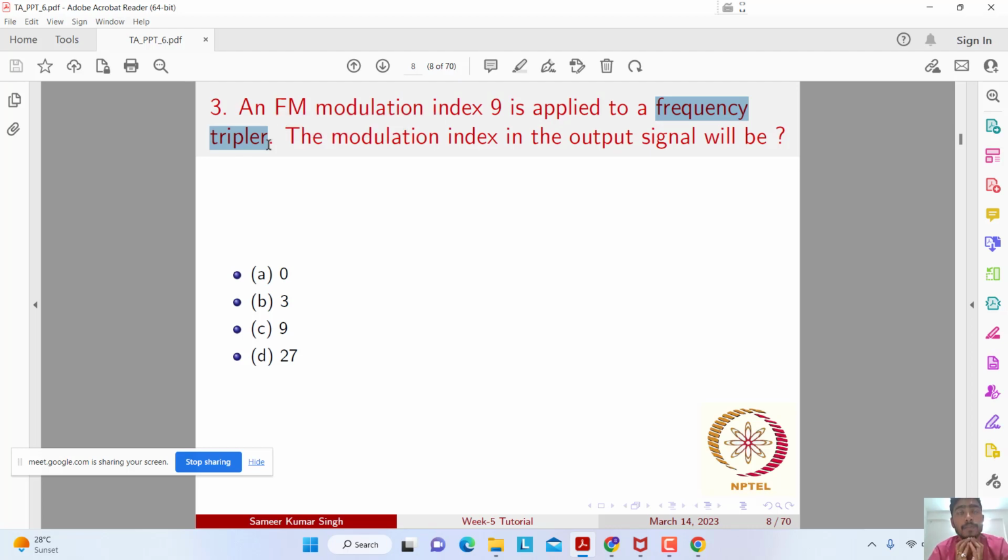We have few terms like beta, fm, fc. So we get a few changes when we apply a tripler, doubler or whatever. So in question number 3 they are asking what will be the modulation index when we pass it through the frequency tripler.